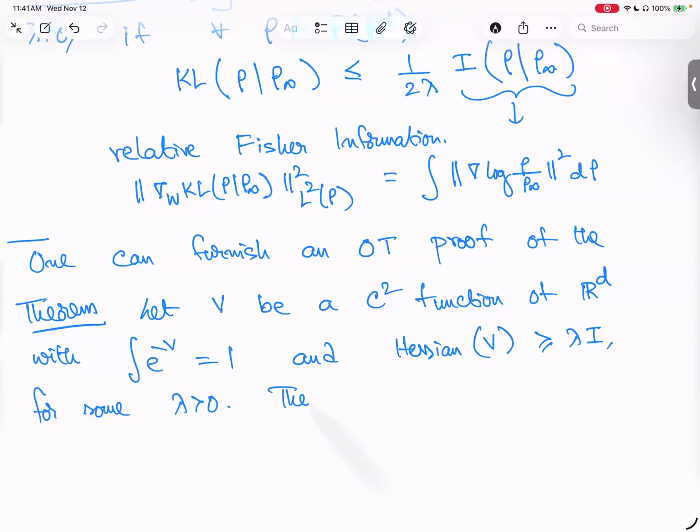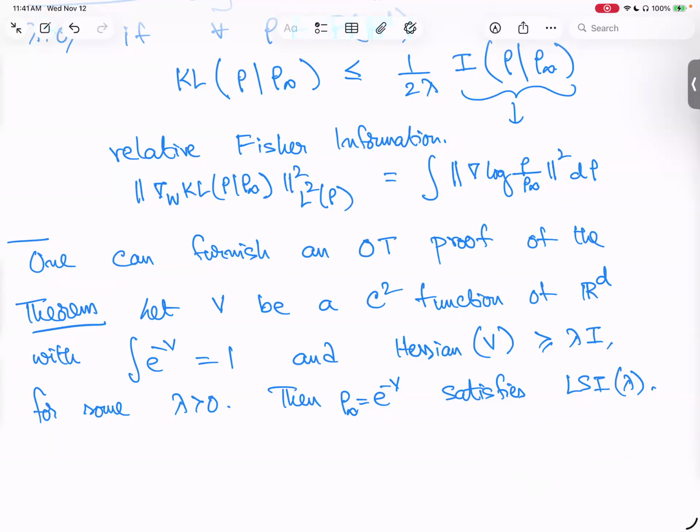Then the measure e to the power minus V, rho infinity, satisfies the log-Sobolev inequality with constant lambda.